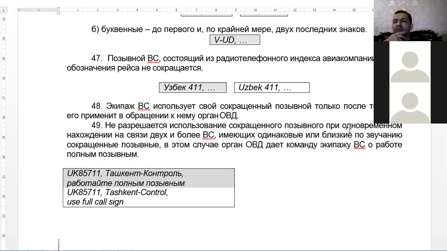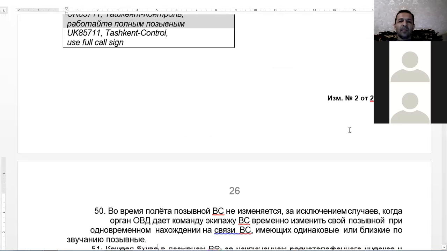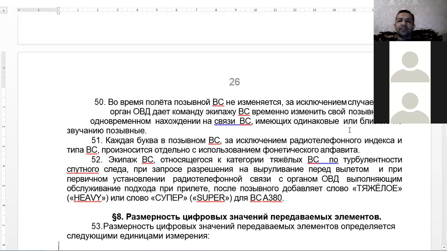So with the same call sign, two aircraft cannot work in one area. In that case, the aircraft should be commanded to use the full call sign. For example, Uniform Kilo 85711, this is Tashkent Control, use full call sign.